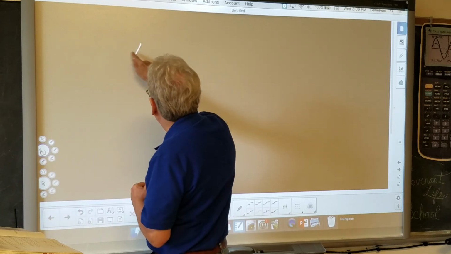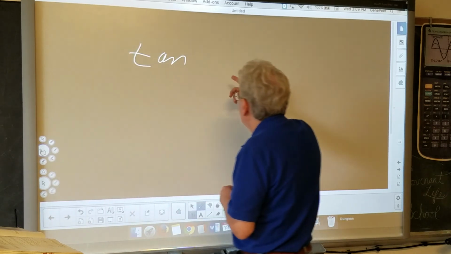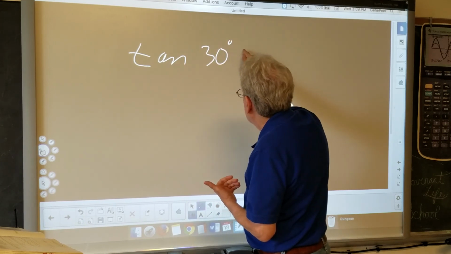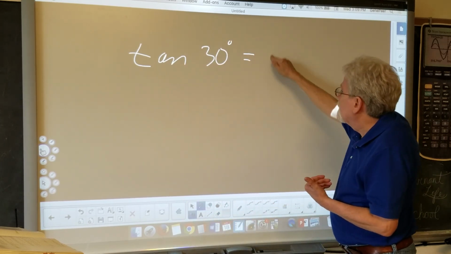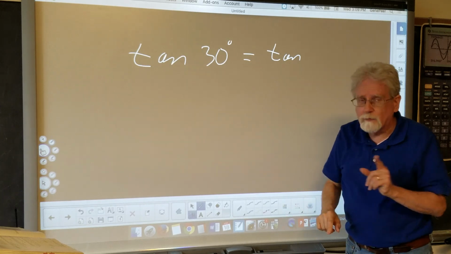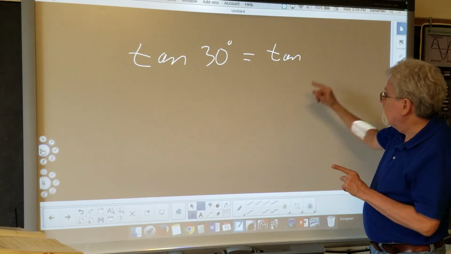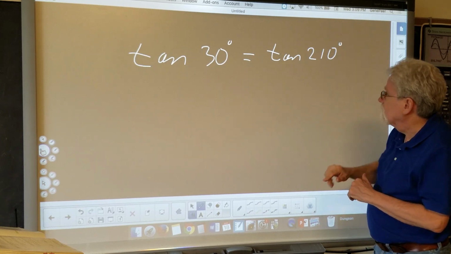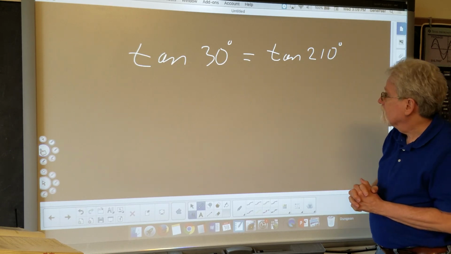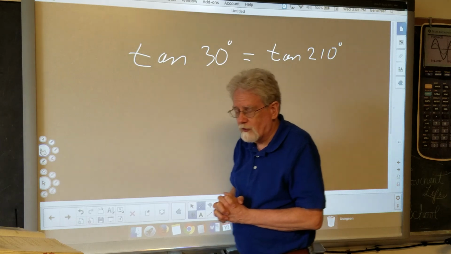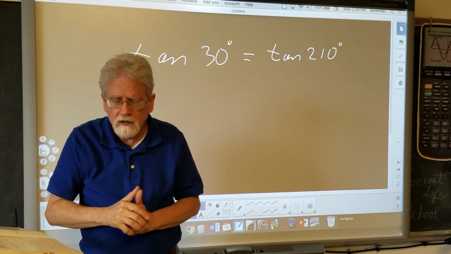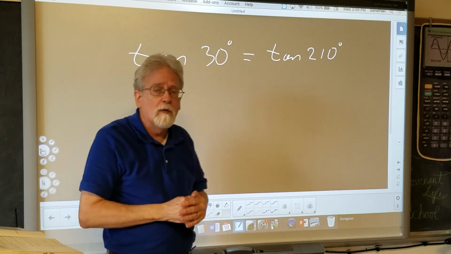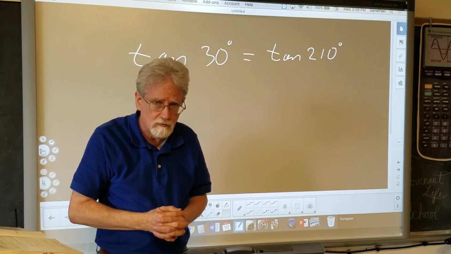For instance, the tangent of 30 degrees will be the same thing as the tangent of 30 plus 180, or the tangent of 210 degrees. These will be equal. So tangent repeats itself every pi, or every 180 degrees, making tangent also a periodic function.